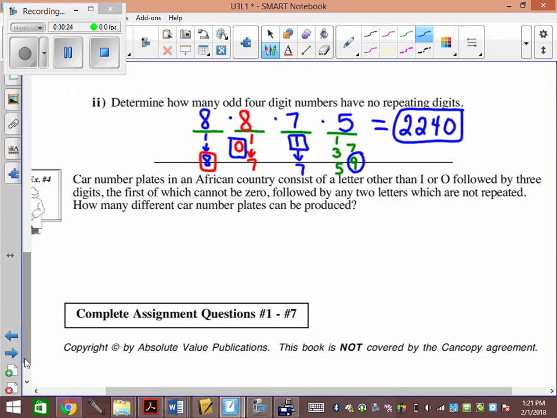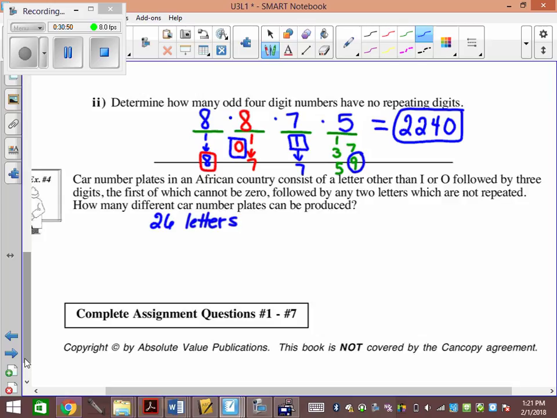Example 4. Car number plates in an African country consist of a letter other than I or O. Okay, we're dealing with letters. How many letters are there in the alphabet? 26. How many vowels? A, E, I, O, U. Sometimes Y never comes into these ever.